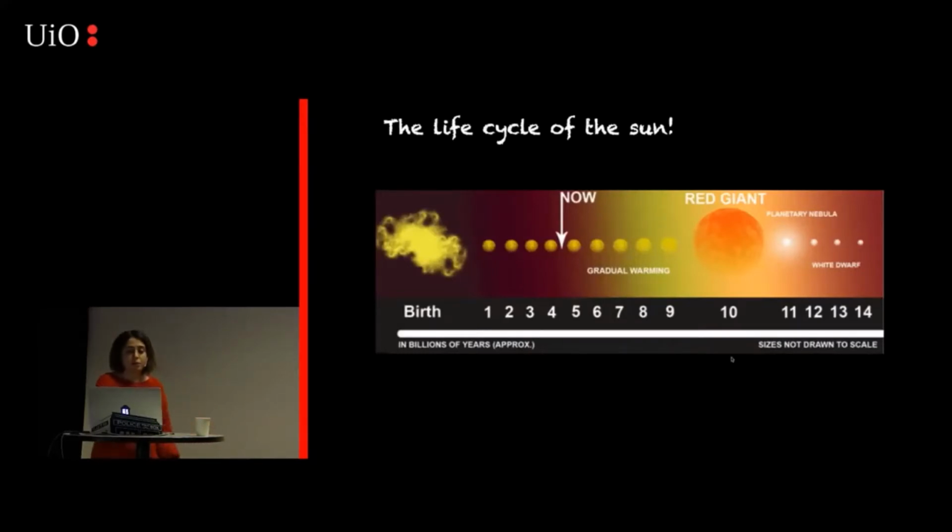Our Sun was born approximately 4.6 billion years ago from a nebula, like I showed you before, and it has enough fuel in its center to live like this for another 5 billion years. And after that, it's going to be a red giant, and finally a white dwarf.